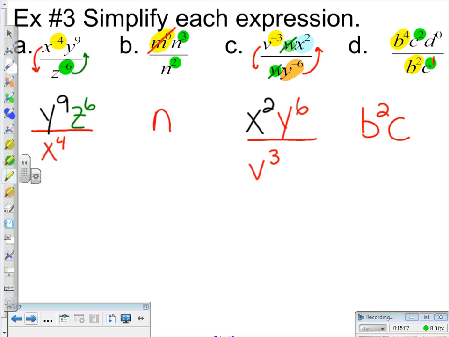And finally, d to the 0. Anything with a 0 turns into a 1, so it's gone. So that's our final answer, b squared c. All right, and this is all about subtracting exponents, getting rid of 0 exponents, and making all of your exponents positive for your final answer.